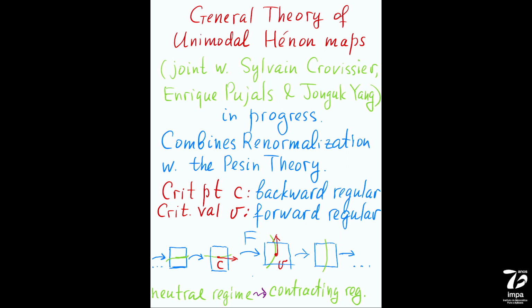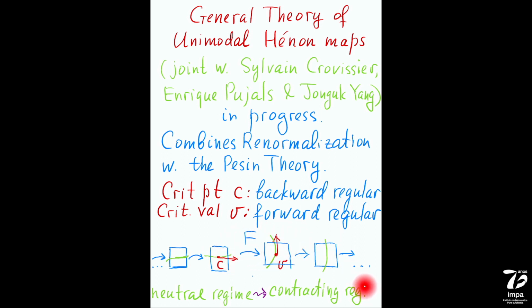So critical point, it is the moment when the neutral regime, so backward neutral regime, is swapped to the contracting forward regime. So when you go from critical point to critical value, of course, all these are not classical critical points or critical values, but that's what one should think of in the Henon case. So here you have backwards neutral regime in our situation of infinitely renormalizable map.